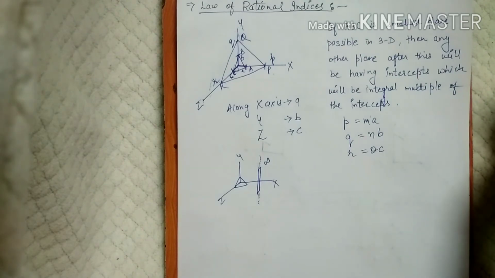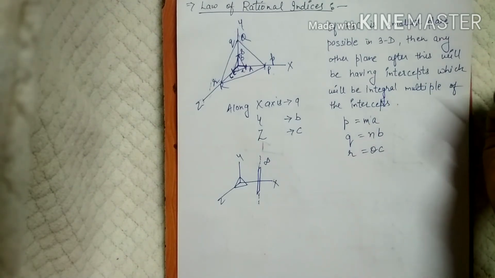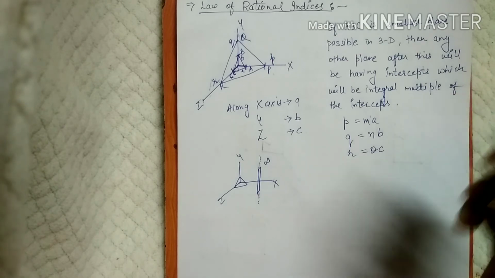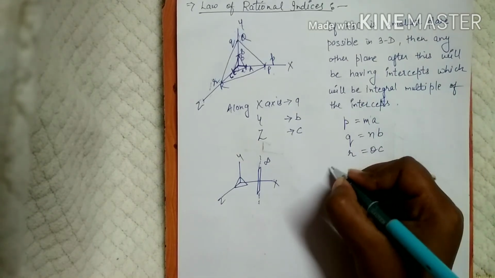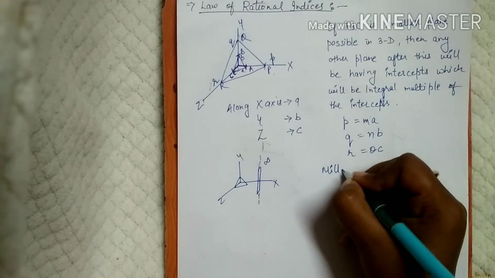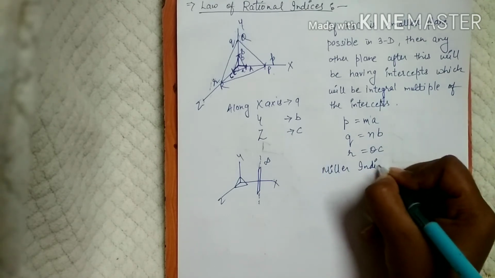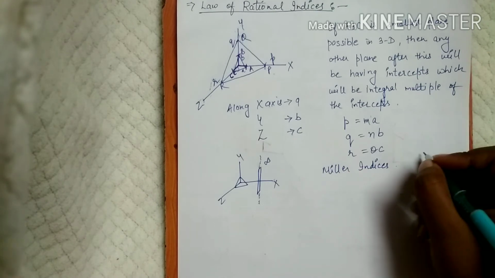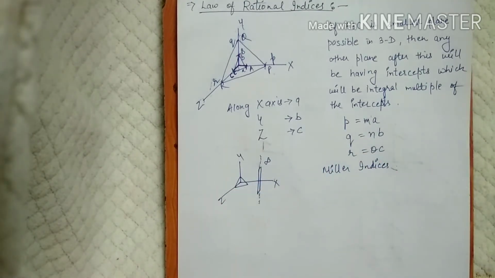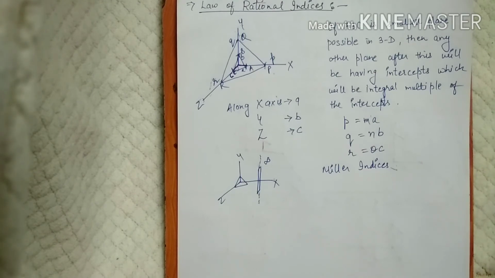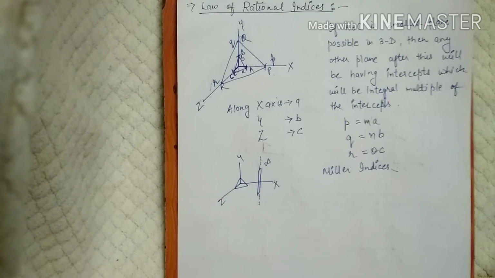So in this case the intercept method fails. In that case we cannot use intercepts or Weiss indices, we are going to use Miller indices. So this part we are going to study elaborately. So this is all about your law of rational indices and the limitation of it.